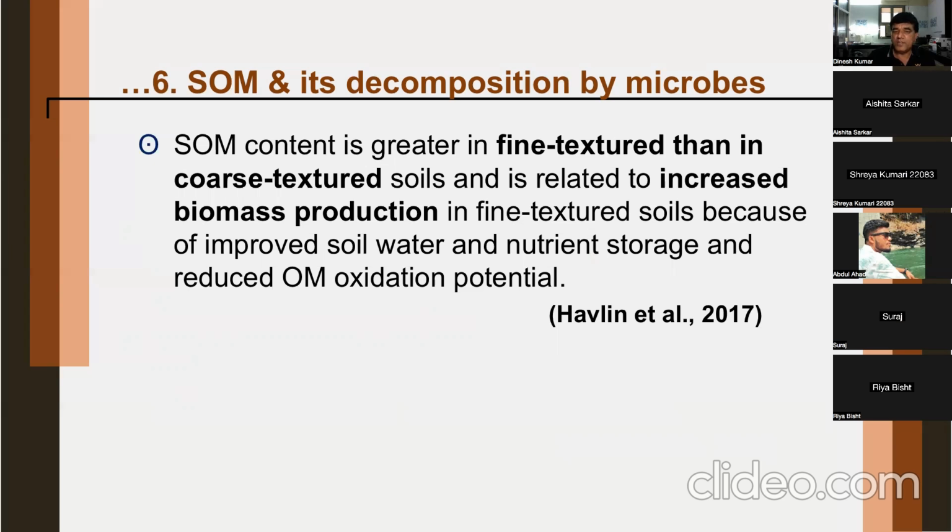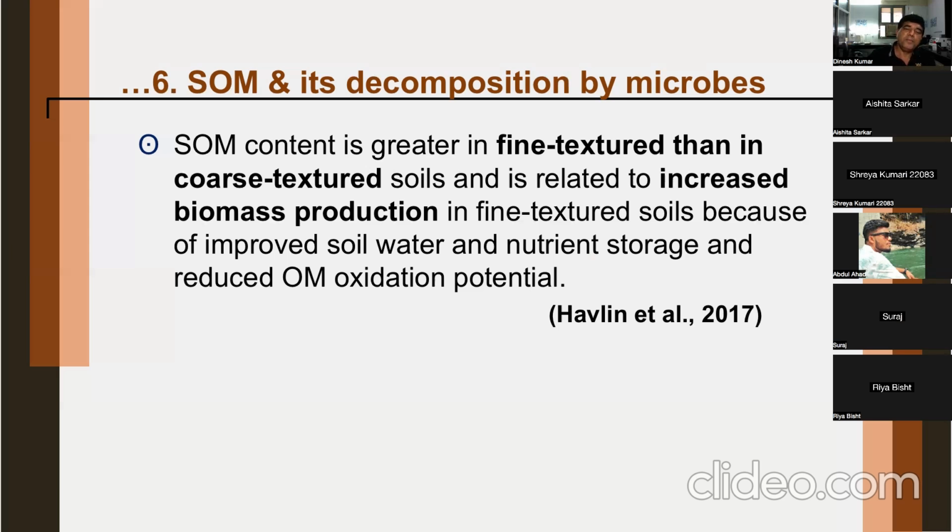Because these fine texture soils have higher water storage and higher nutrient storage because of higher cation exchange capacity, they will have higher organic matter content. And furthermore, in fine texture soils, because of higher moisture, the oxidation of organic matter is also slow. Reduced organic matter oxidation potential.